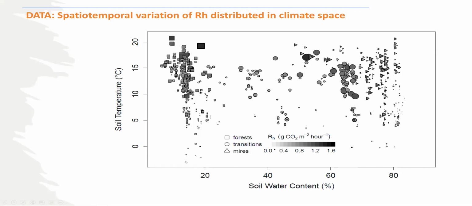So in this site we have quite unique conditions, because we are considering very dry soils, about 10 or sometimes even below 10% of soil water content, up to 90%. So these are drier conditions for forests, and then wetter or saturated conditions for mires, and then there are some transitions in between. So now we don't talk about individual forest types, but just forests, transitions, and mires.